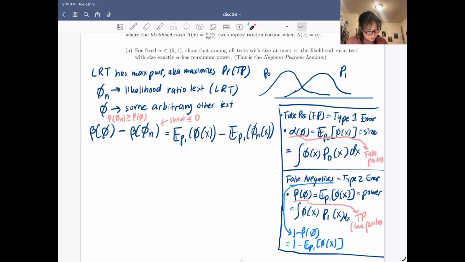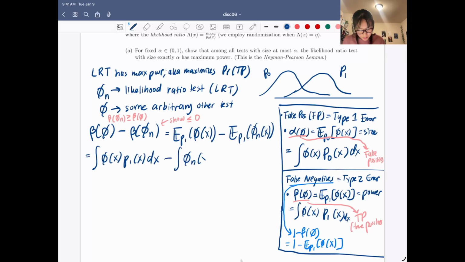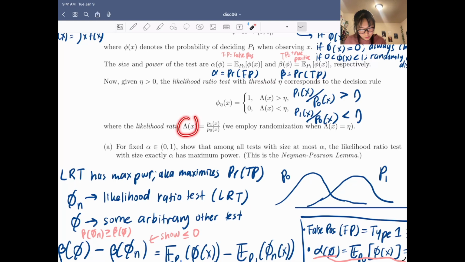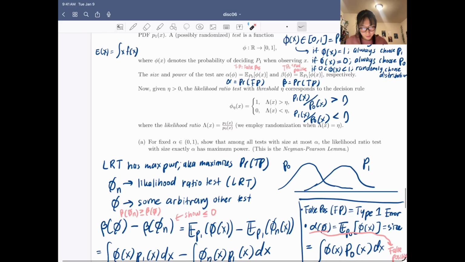Okay, so we can basically turn these expectations into integrals. Therefore, we can rewrite this as the integral of phi of x, p1 of x, dx, minus phi of n of x, p1 of x, dx. And now notice how we defined in our likelihood ratio test lambda of x to be equal to p1 of x divided by p0 of x.